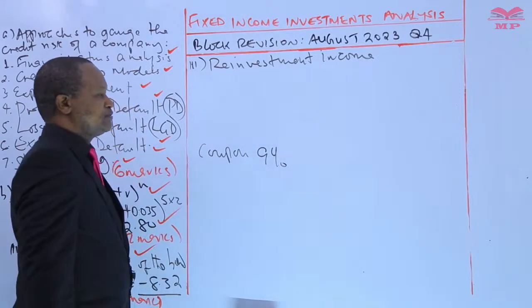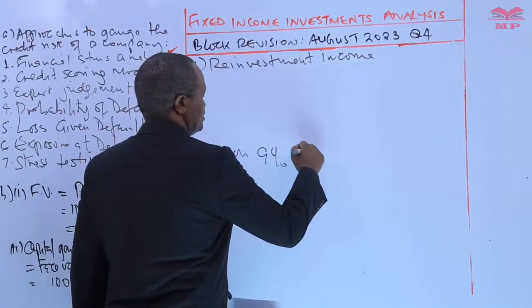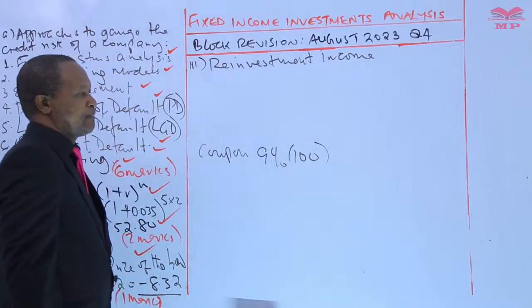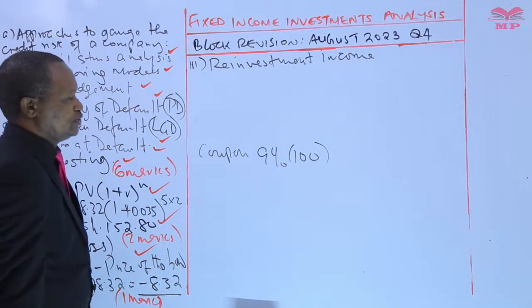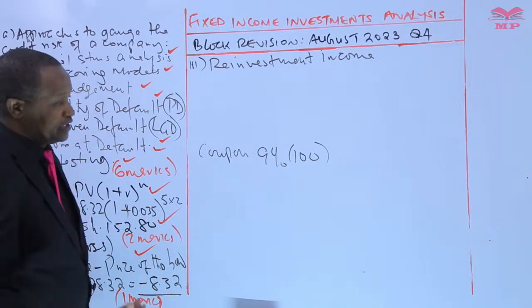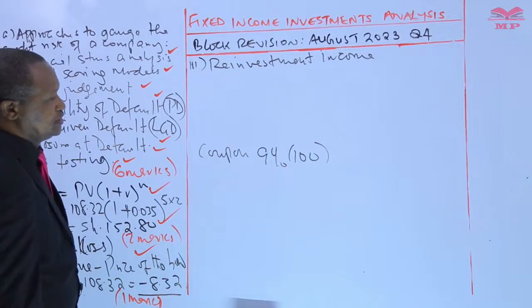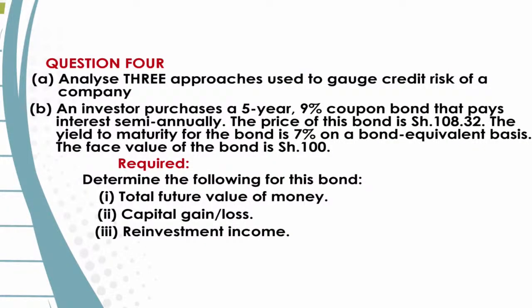The par value of this bond is 100 shillings. And we read that the interest is earned semi-annually.